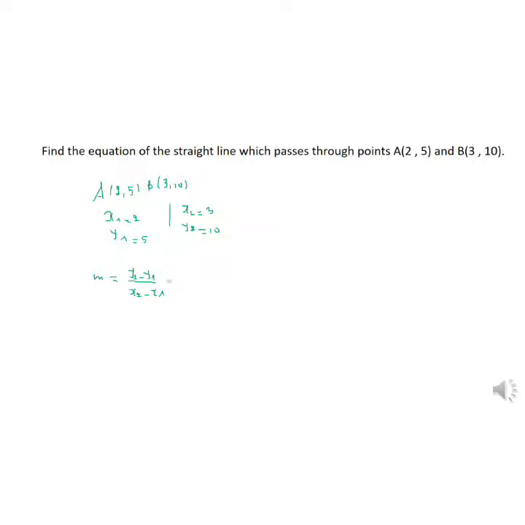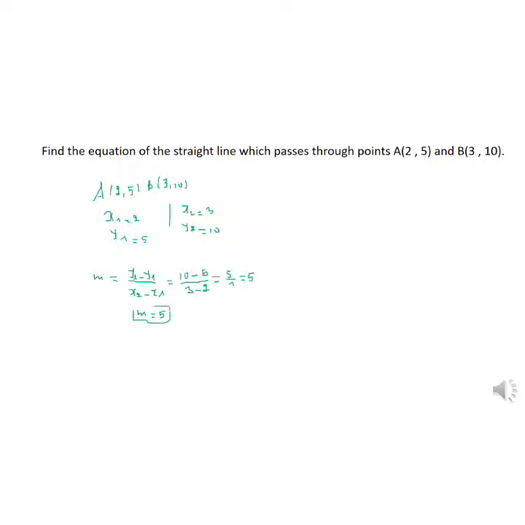That is equal to 10 minus 5 over 3 minus 2. 10 minus 5 you get 5, 3 minus 2 you get 1, which is equal to 5. So now m is equal to 5.